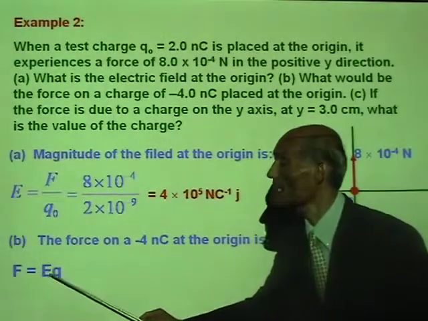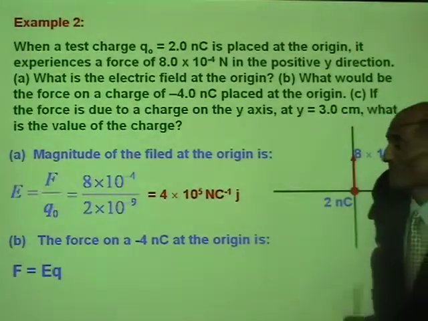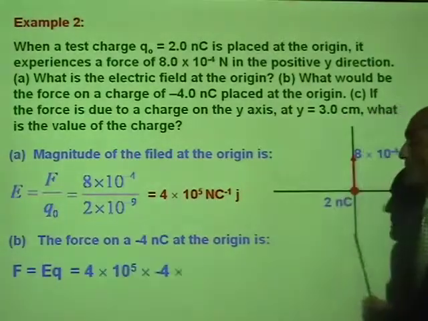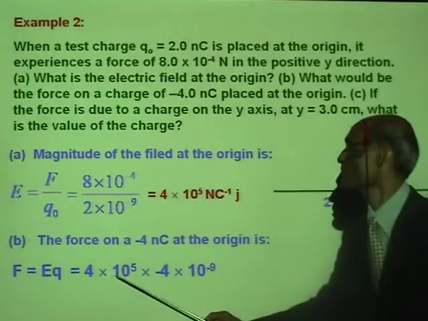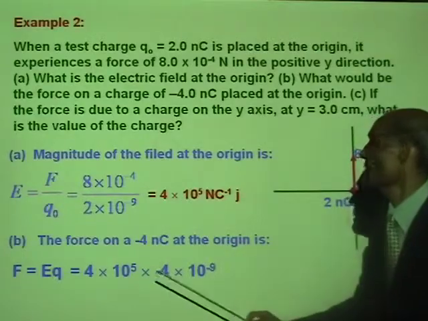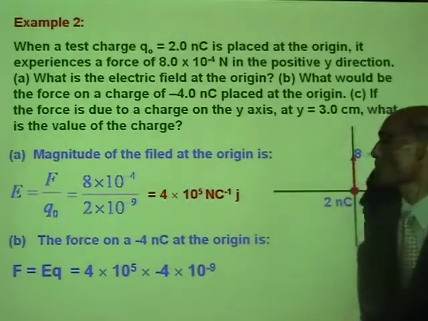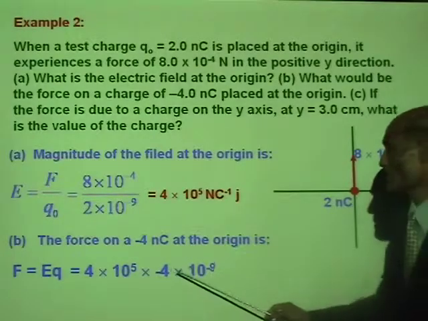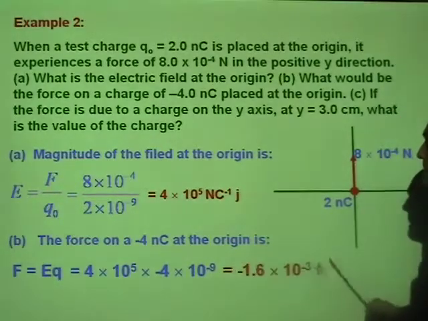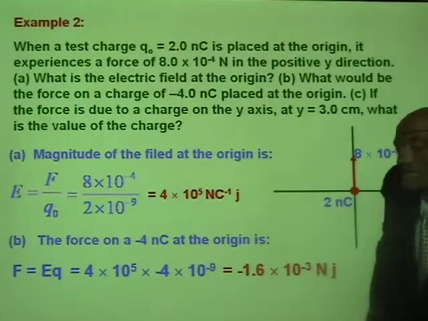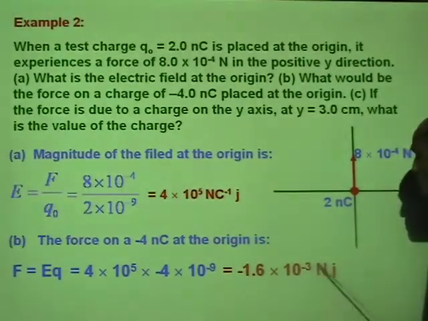F equals E times Q. Now, we know E, we know Q. Therefore, that will be 4 times 10 to the 5 multiplied by Q, which is negative 4 nanocoulomb, 4 times 10 to the negative 9. And that will be negative 1.6 times 10 to the negative 3 Newton J.